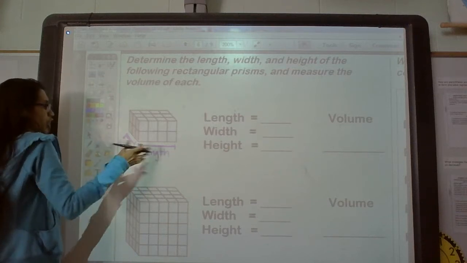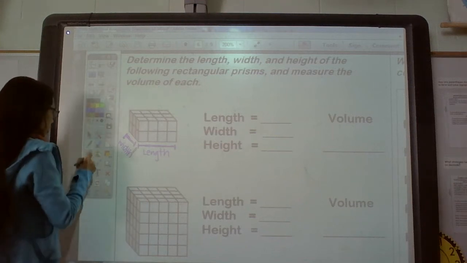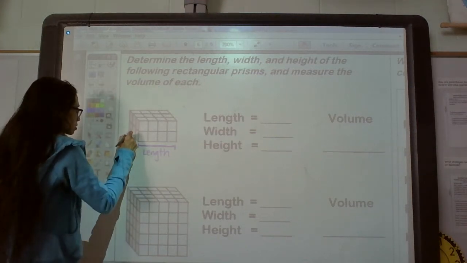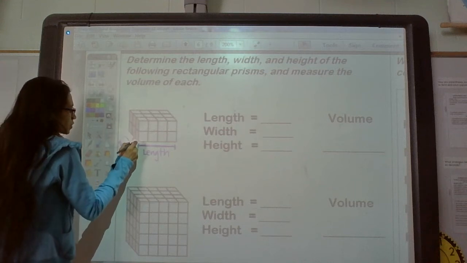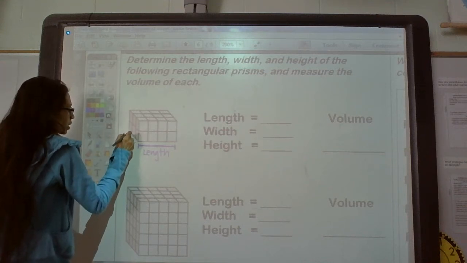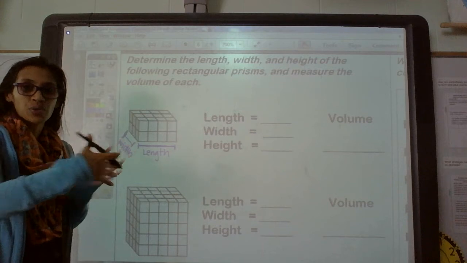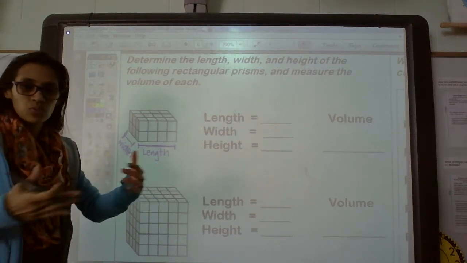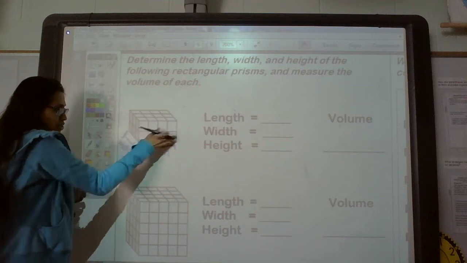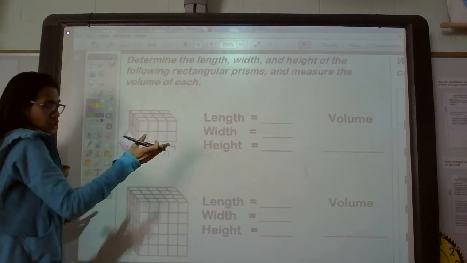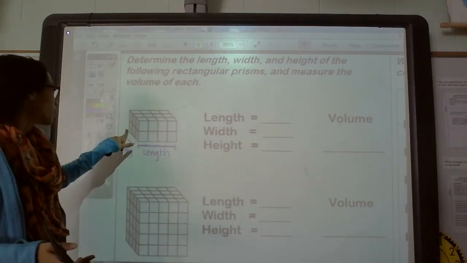Now, some of you all are confusing the width. Let me redo that one. Some of you all are mixing up the width and the length. And you know what? I don't mind. That's okay, because if we turn it around, then you can look at one side as the length or the width. So the width is how wide it is, which actually you could probably look at it this way, which is fine. So write how many blocks you see.